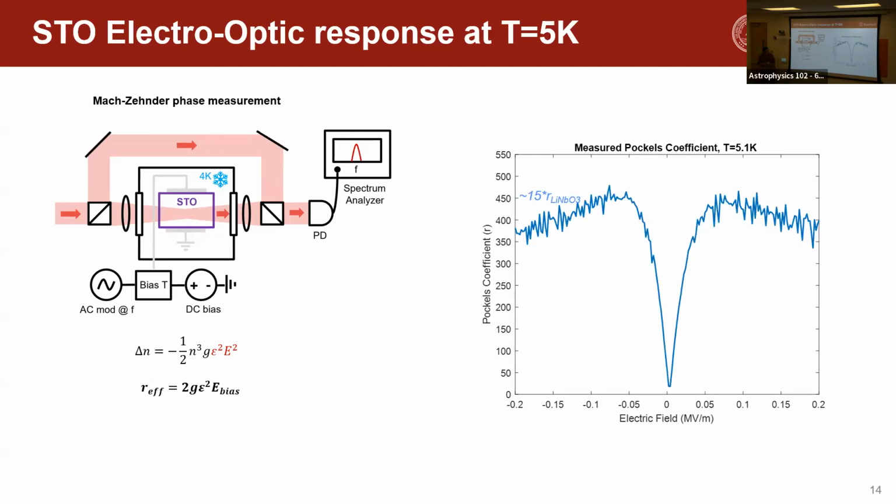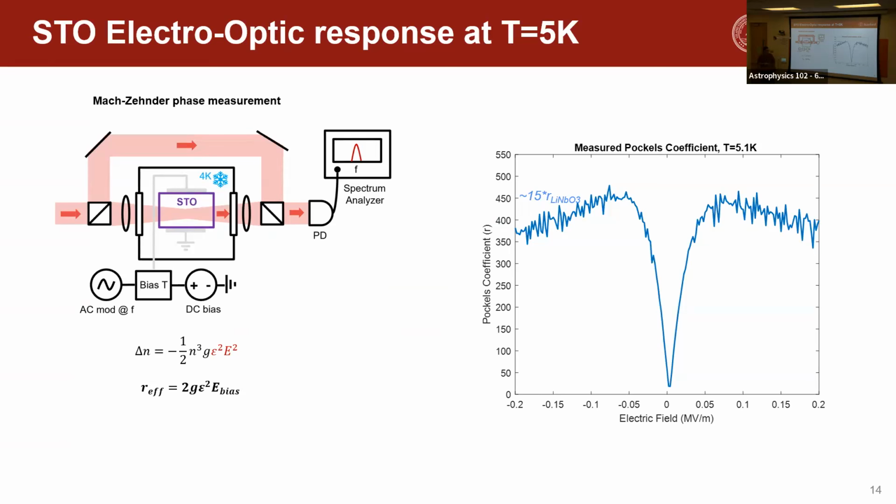So we can plot this effective Pockels coefficient as a function of the applied DC bias on our bulk material. And we see, as expected, around zero electric field, a very small Pockels coefficient due to this quadratic electro-optic effect, and then it rises very quickly to values of around 450 at non-zero bias fields.